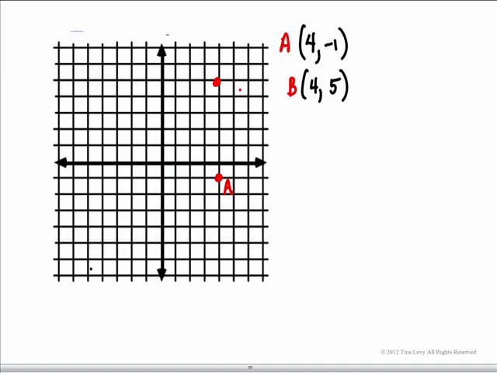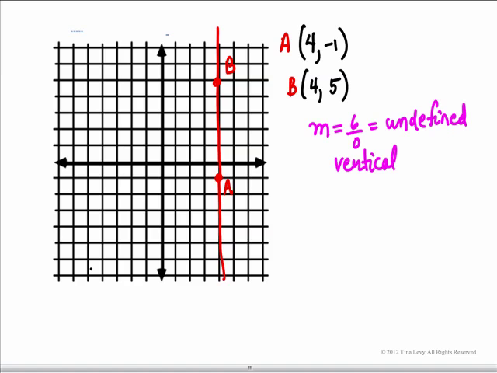Let's call that B. And sure enough, as we connect this line, we have a vertical line. So it's good to memorize that when the slope, in this case 6 over 0, is undefined, that tells us it's a vertical line. And in this example, instead of y equals, it's vertical, so x is always 4. So it's the line x equals 4.